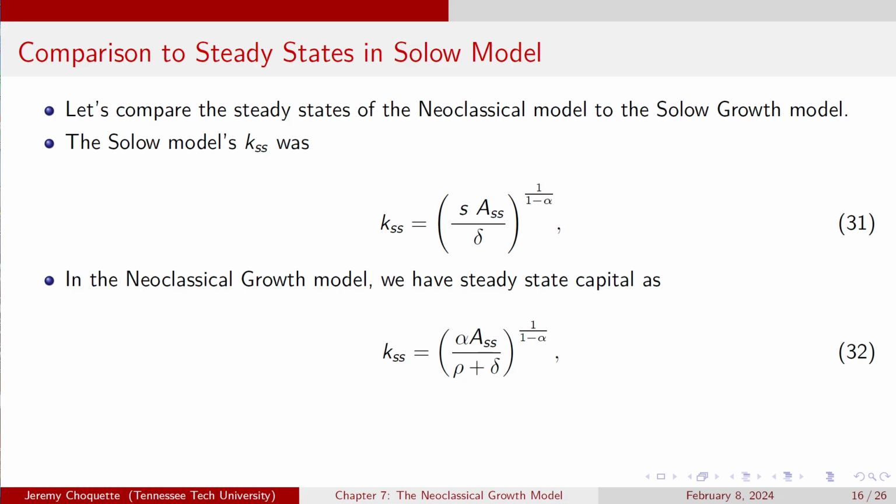Because savings is assumed in the Solow model to be just a constant savings rate, right? So if savings is constant, there's no consumption saving decision to make because it's already been made for us because it's exogenously chosen. Here, saving is endogenously chosen by the agent. It's chosen by us, right, if we're solving the model out.